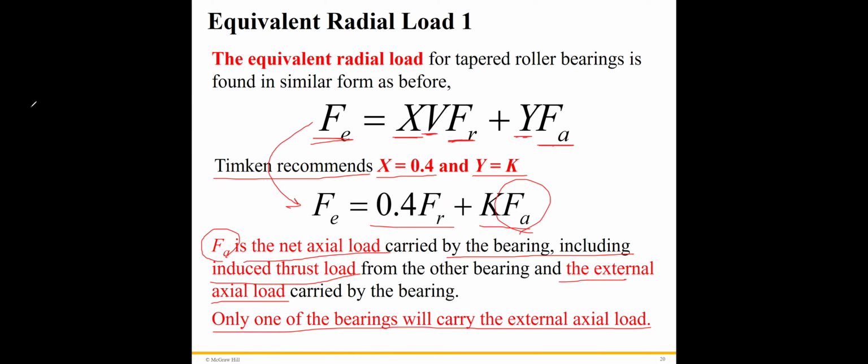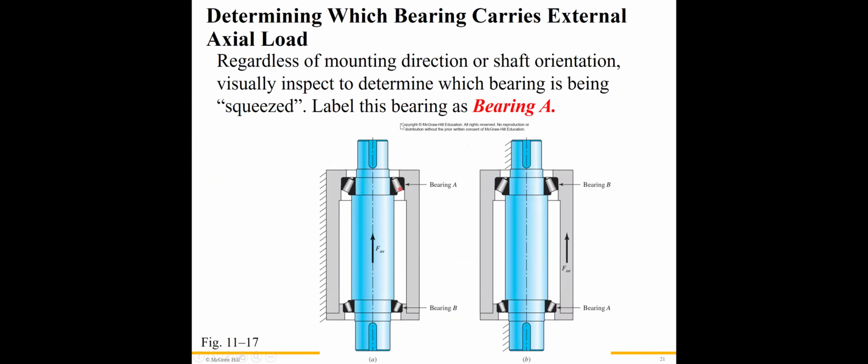So how do we know which one carries it? To determine which bearing carries the external axial load, regardless of mounting direction or shaft direction, visually inspect to determine which bearing is being squeezed. Label this bearing as bearing A.